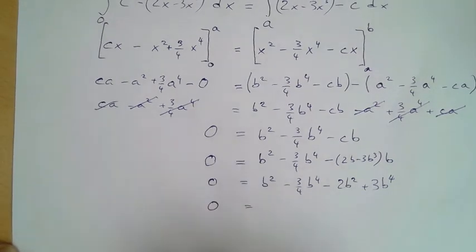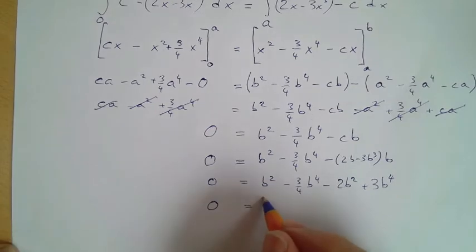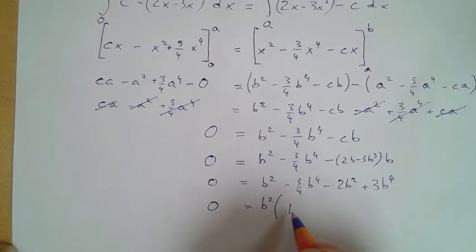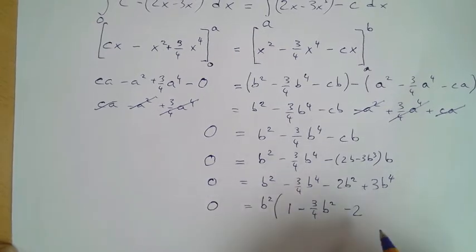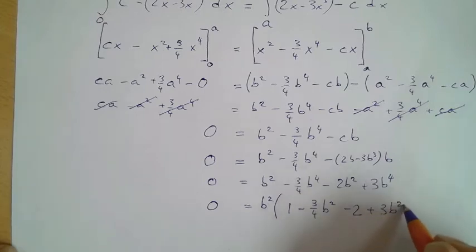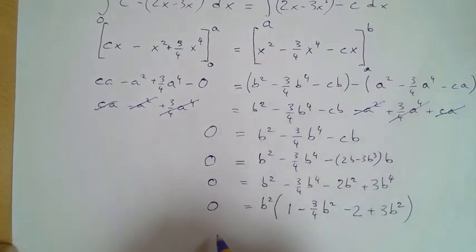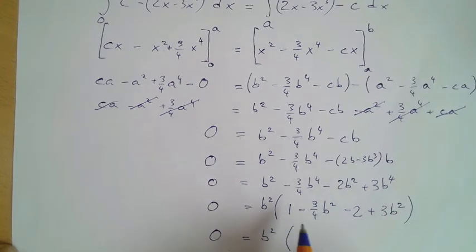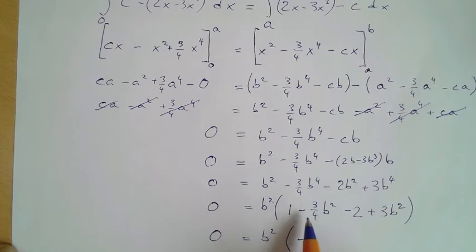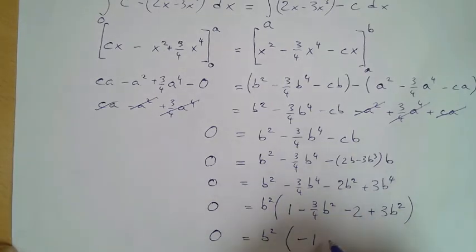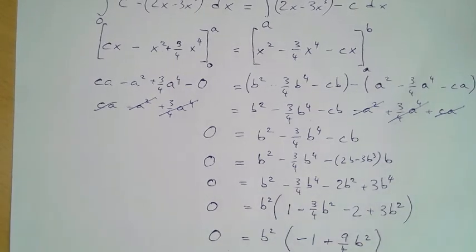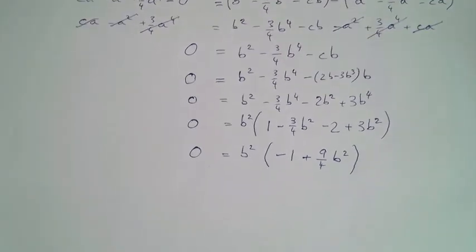Okay, so maybe now it's a good time to factorize b squared. b squared, I have 1 minus 3/4 b squared minus 2 plus 3b squared. b squared, 1 minus 2 is of course negative 1, and here I have negative 3/4 b squared plus 3b squared, so this comes together as (12 minus 3 plus 9) over 4 b squared. So I'm getting close to the answer.